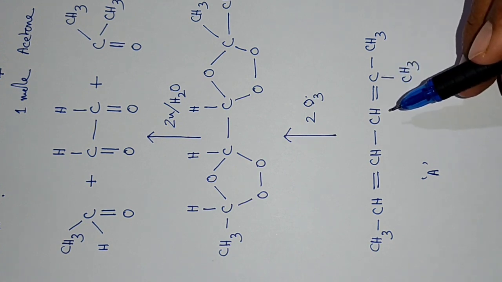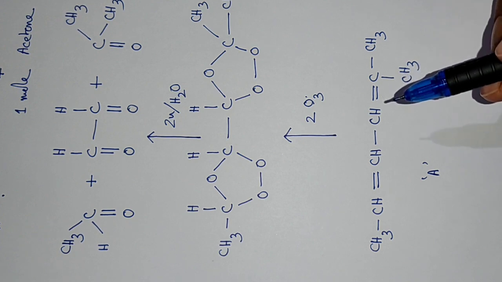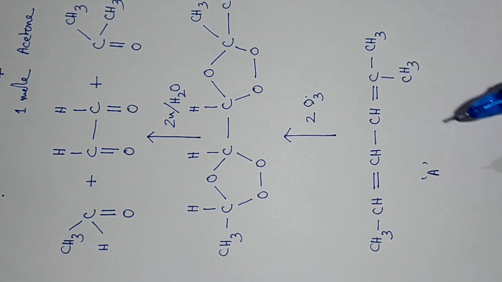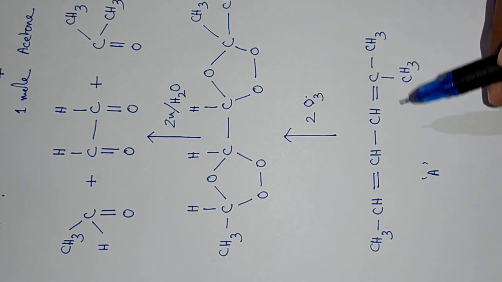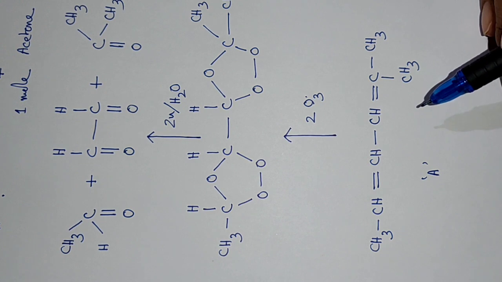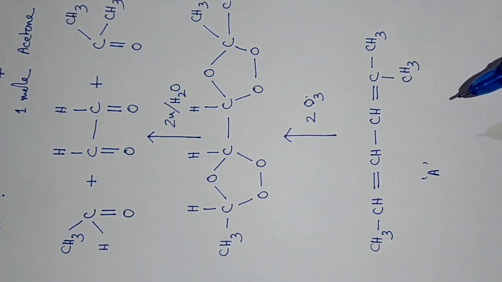Actually, if it is unsaturated, then only it will react. If it is saturated, it will not react with ozone. Now, the position of unsaturation can be determined and the number of unsaturations can be determined. So, this is the importance of the ozonolysis reaction.